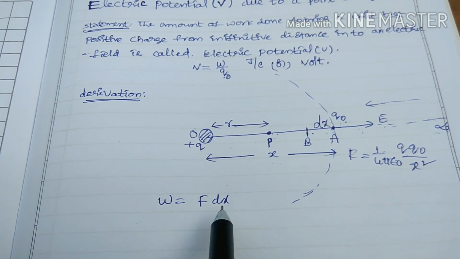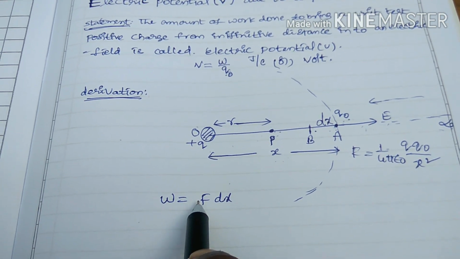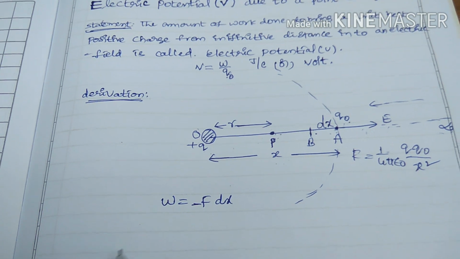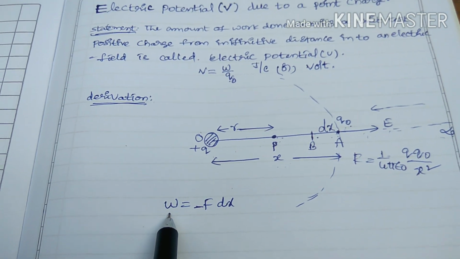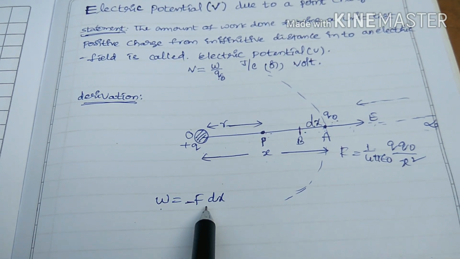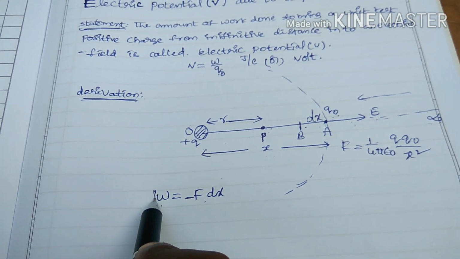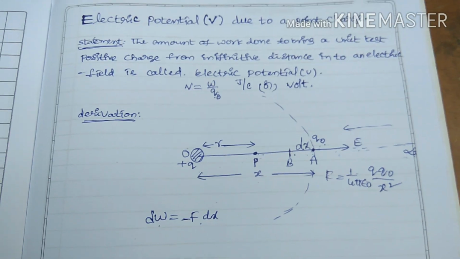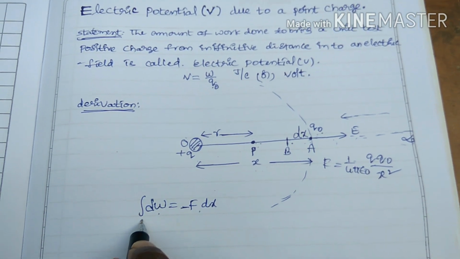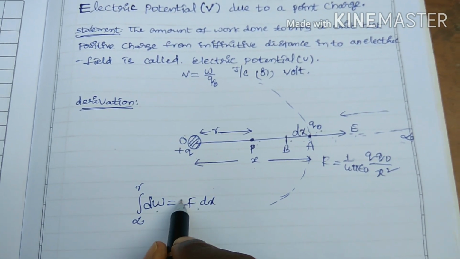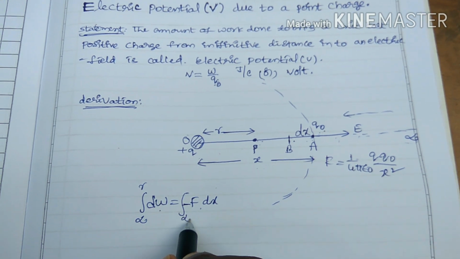Here F is taken with a negative sign, because the work done should be against the force acting on the charge. So dW is the work done. Now we have to integrate with limits infinity to r, then we can get the total work done.